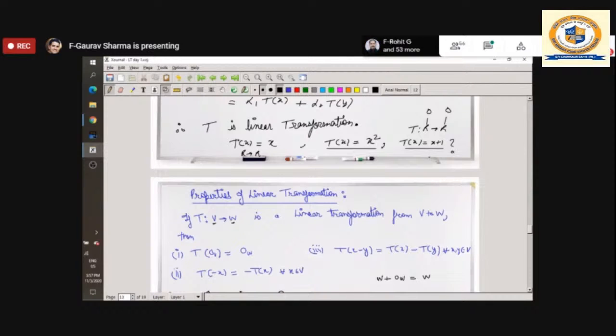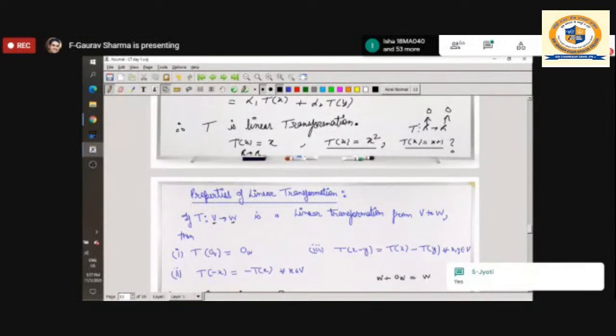You can write the reason also. Other students also think why this is not a linear transformation. We will call any one of you. Yes, Muhammad. Yes, it will not map to 0.